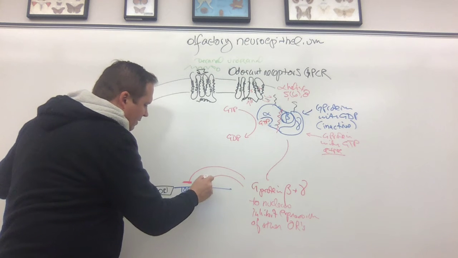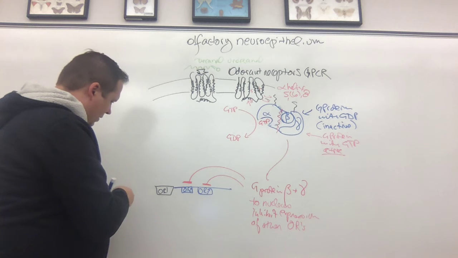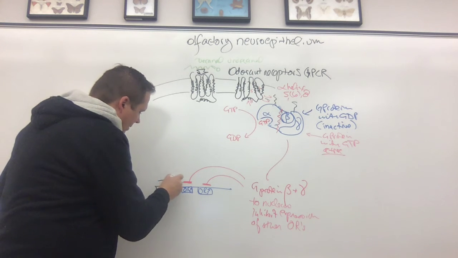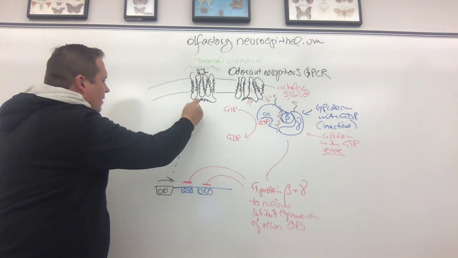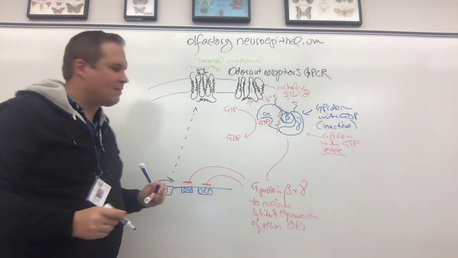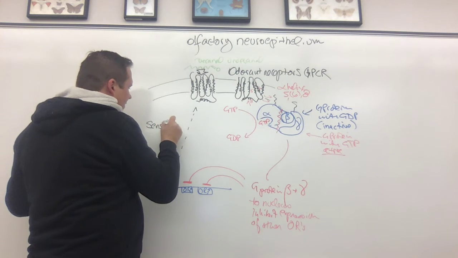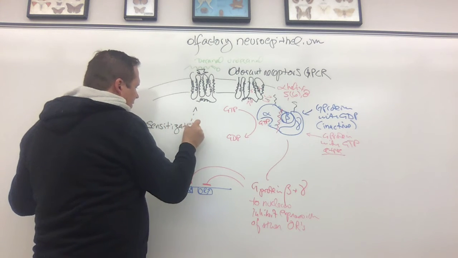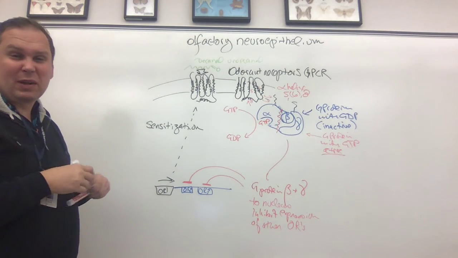So this is our way of showing that we are not going to transcribe that, and we are going to definitely transcribe more of odorant receptor 1, which is going to go up here, and boom, make more of that. And so this is the process of sensitization. Or we're just going to make more odorant receptor 1 after we get a hit on it.